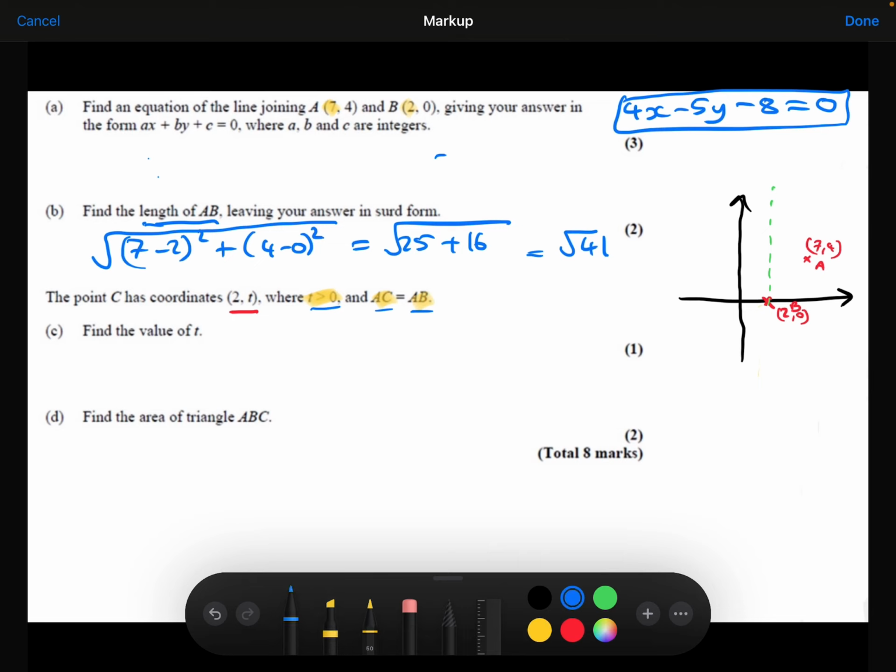Well, here is AB, so AC has to be the same as that. With all of that information, the only place that C can be is here, so that it is on the green dotted line and the length AC is equal to that.